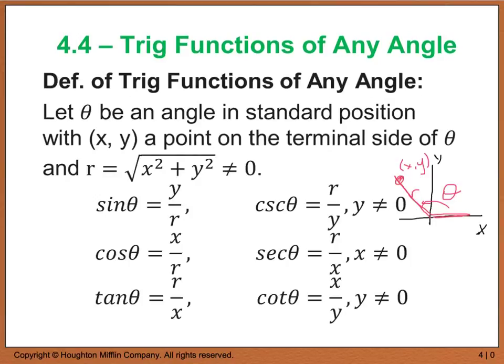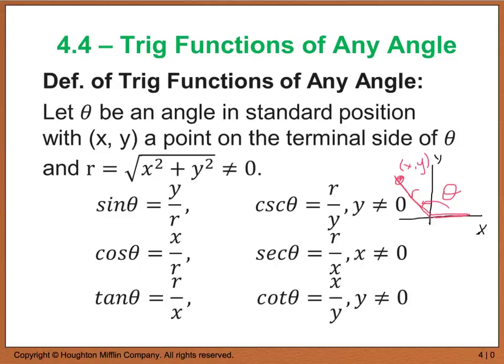So, to look at trig functions of any angle, we're going to start out with an angle, theta, in standard position, where you have a point, called (x, y), on the terminal side of theta. We know that the radius of the circle is equal to the square root of x squared plus y squared.